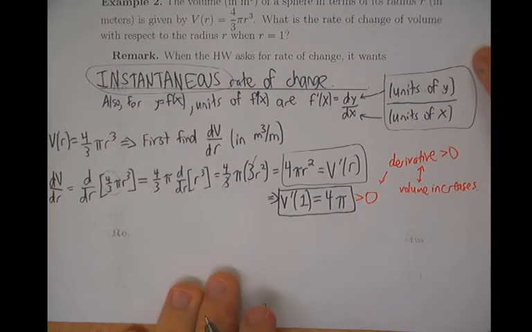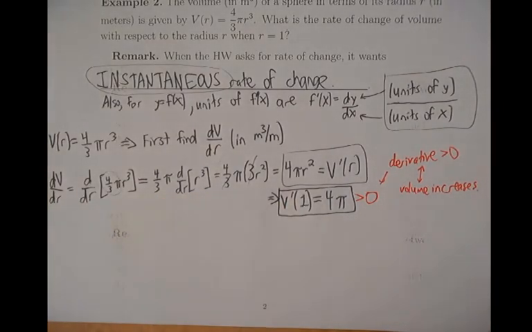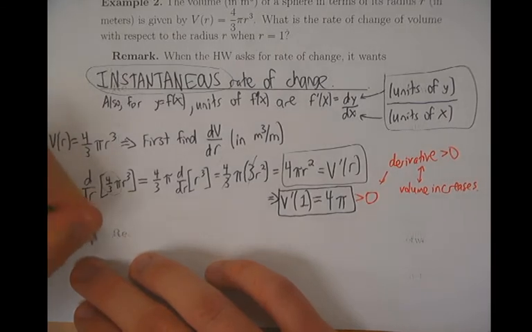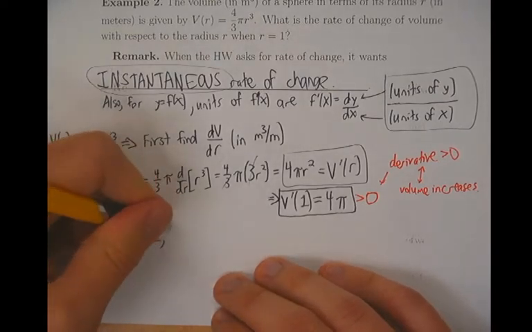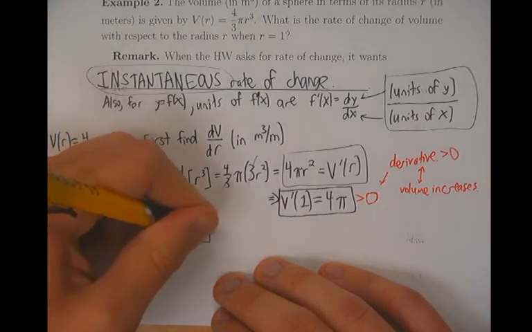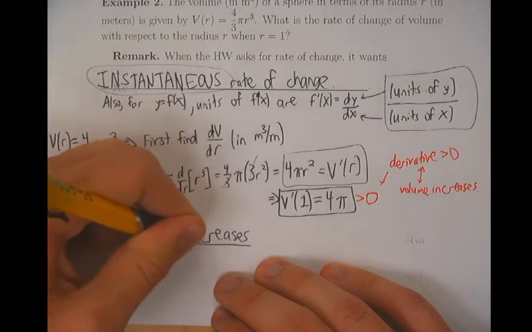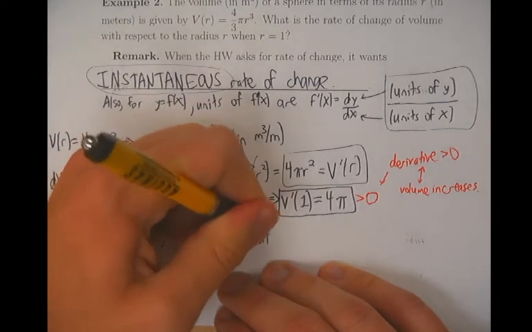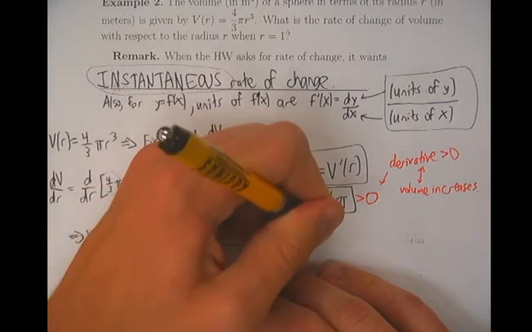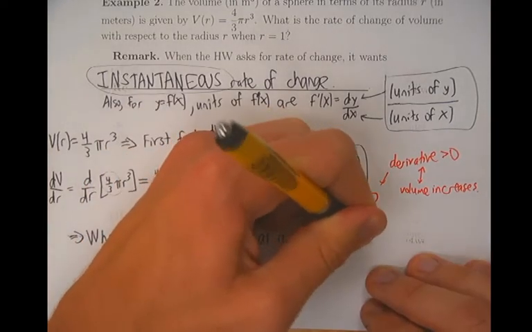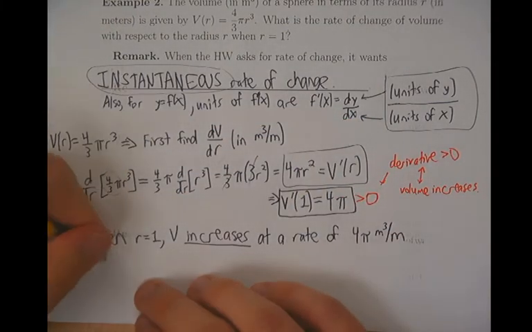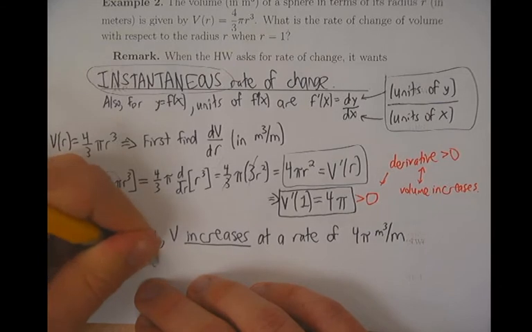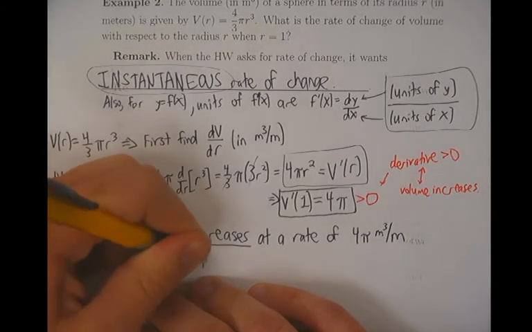Okay. So because of that, to write this out as a physical sentence, we say, all right, when r equals 1, v increases at a rate of 4 pi cubic meters per meter with respect to r.